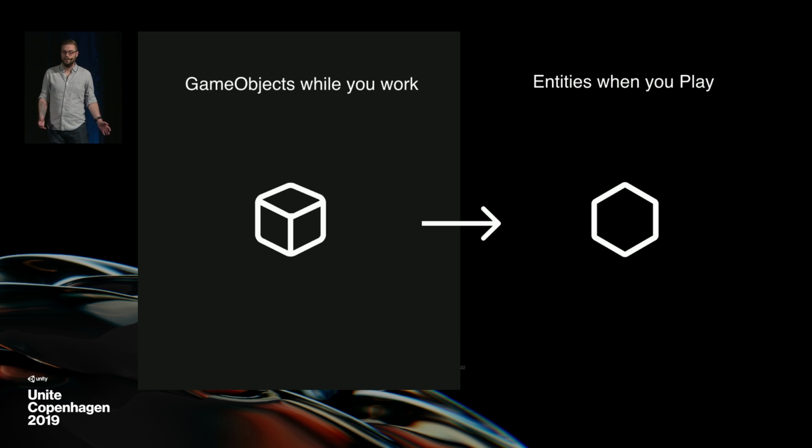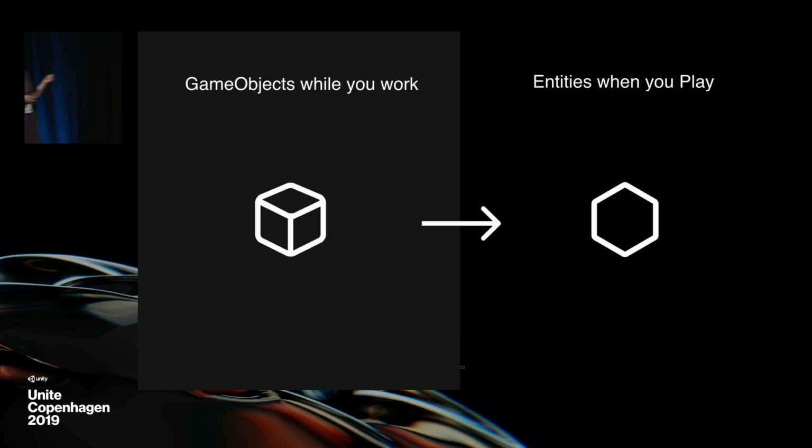We'll convert your game objects to entities, your classic Unity features into the ECS versions of those features, and we'll even handle most of your components by default, unless sometimes you want to actually do some custom conversion behavior, in which case you can write all of that. The only thing that's really different is going to be the way you write code that's going to run, which means this gives you tools for your designers, your artists, to continue working the same way they always have.